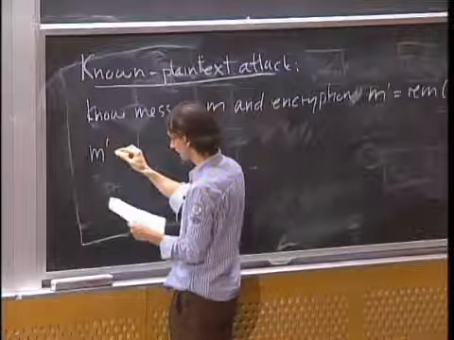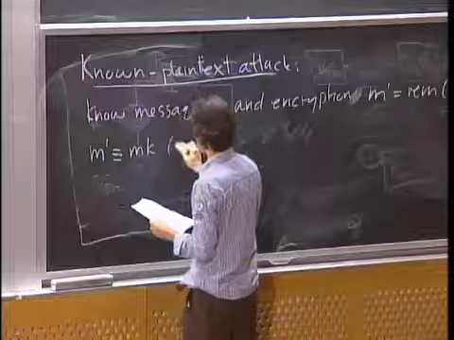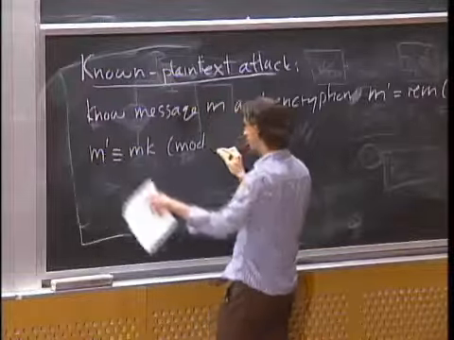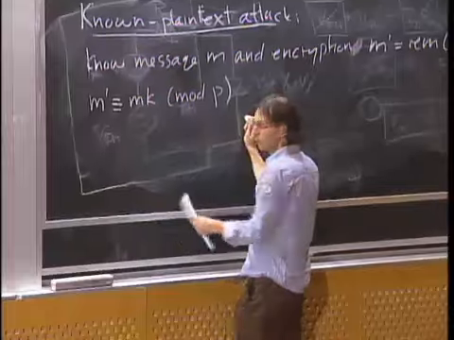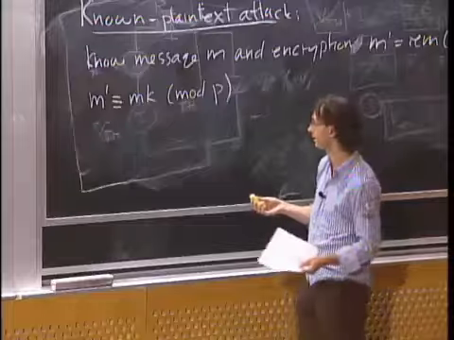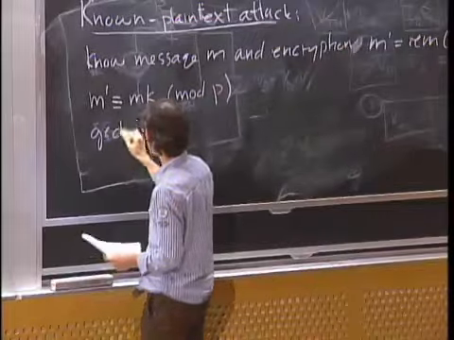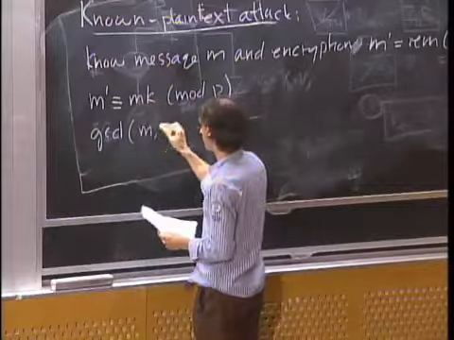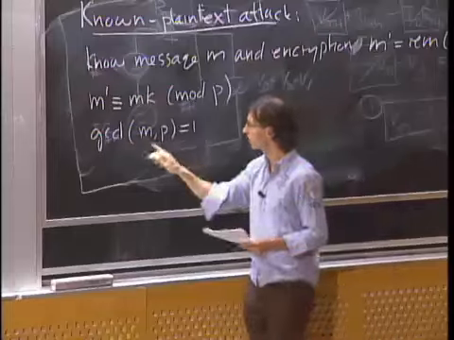The encryption M prime here is congruent to M times K modulo P. We just proved it over here. And what do we know? We know that P is a public prime. I know P. Since it's a prime, I know that the GCD of M and P equals 1, so these two are relatively prime.